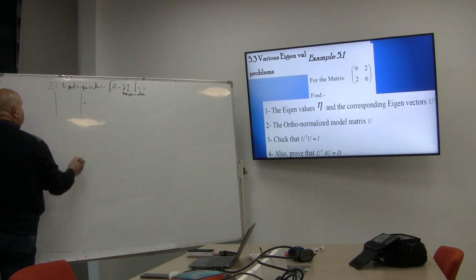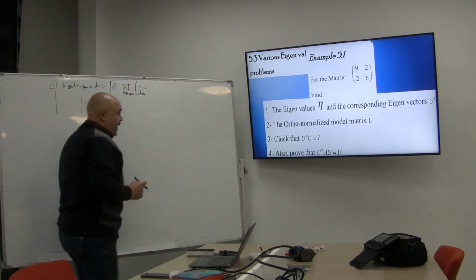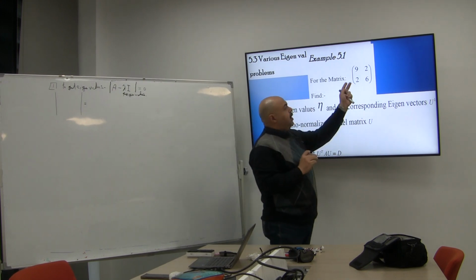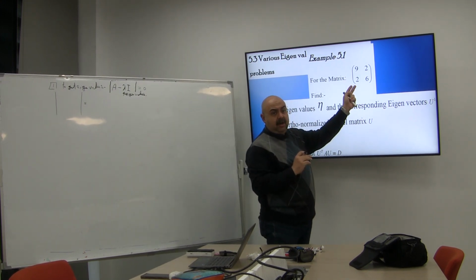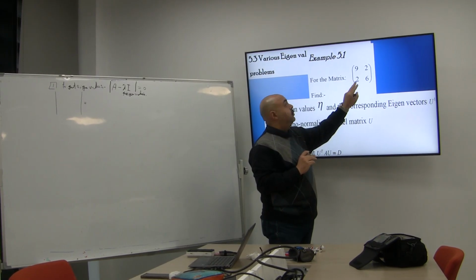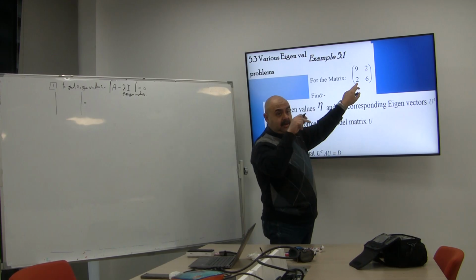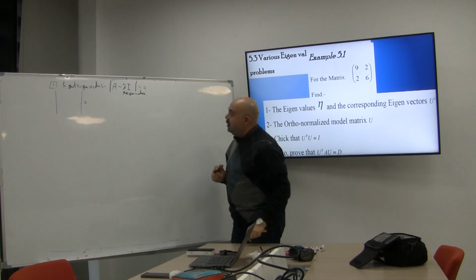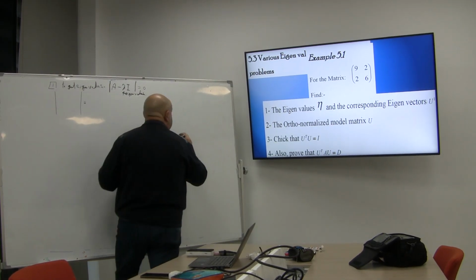The matrix is A minus lambda I. If I subtract lambda I from this matrix, what's going to be the result? I will write the matrix step by step.